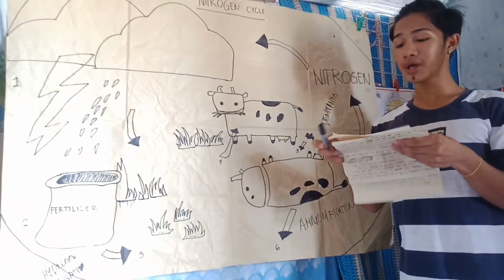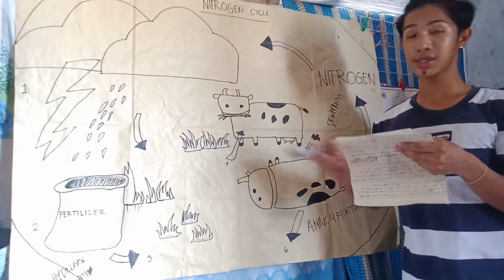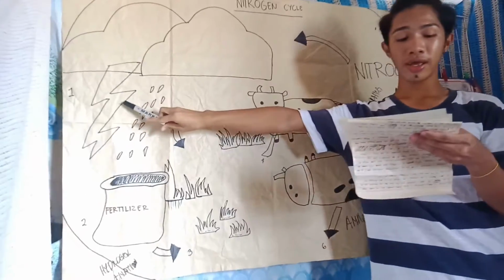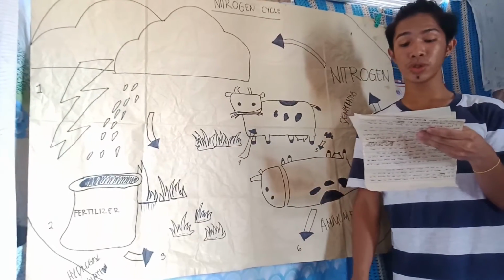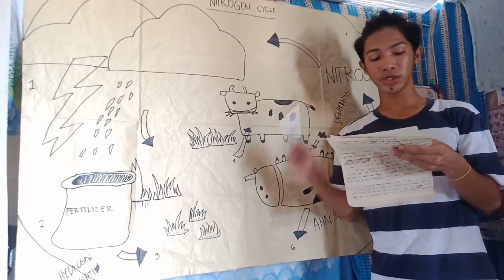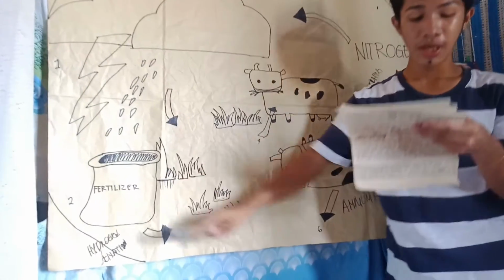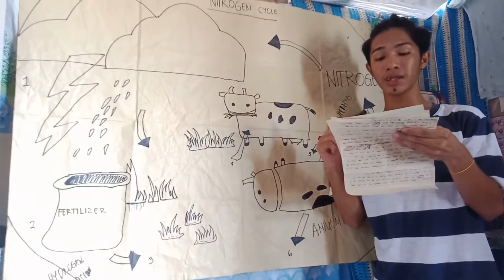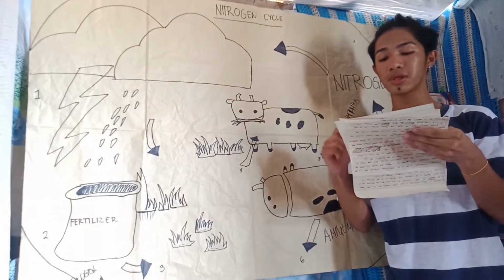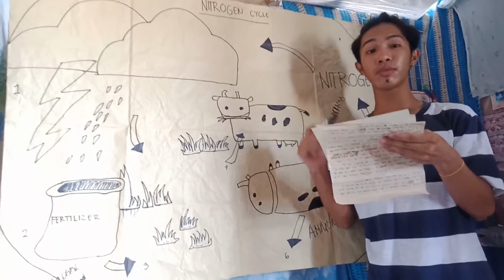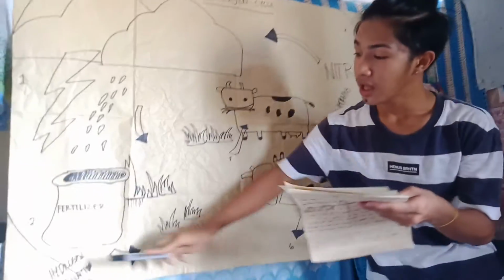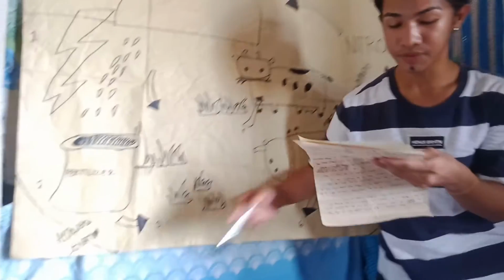And to review the nitrogen cycle, in step 1, nitrogen is introduced to the soil by precipitation. In step 2, bacteria in the soil and plant roots convert nitrogen into a usable form. This is called nitrogen fixation.